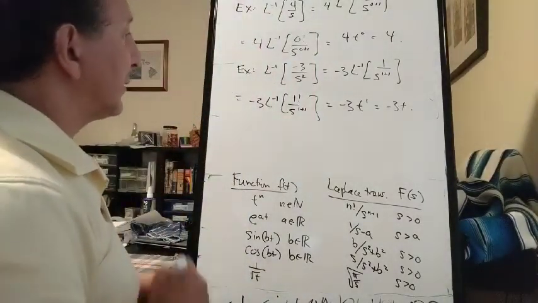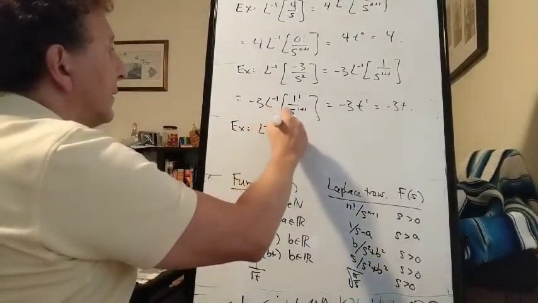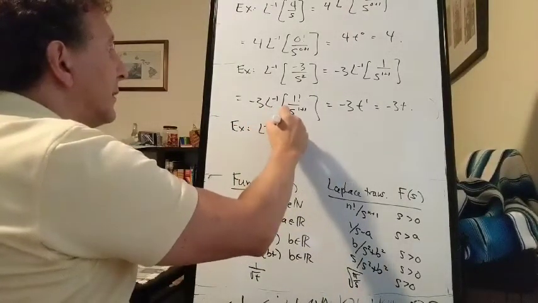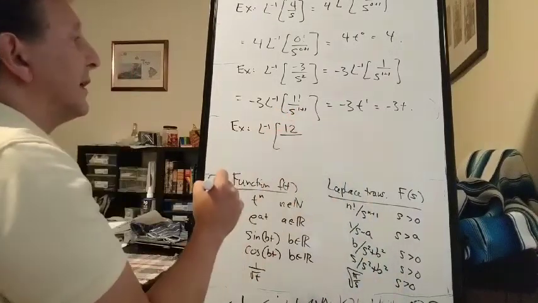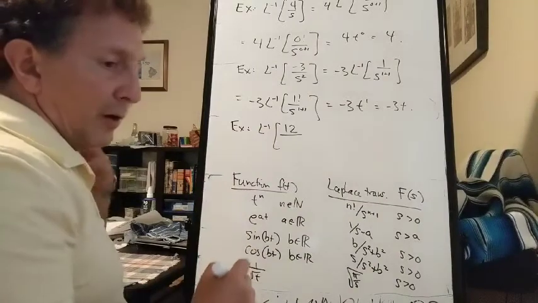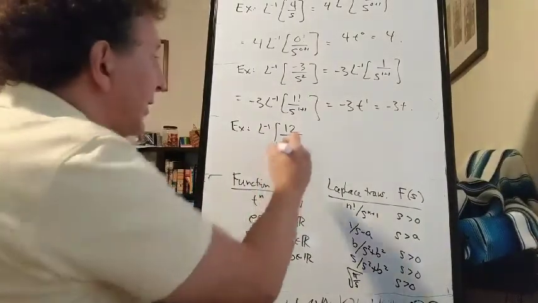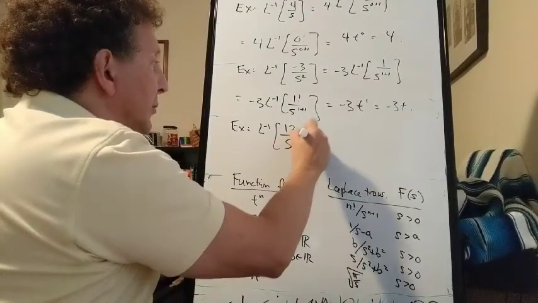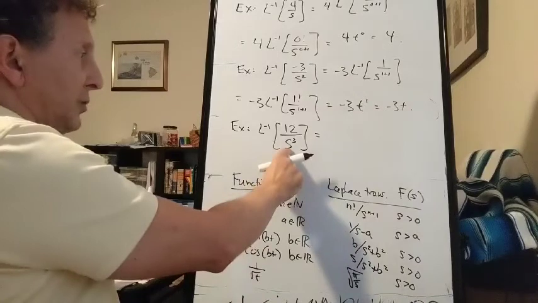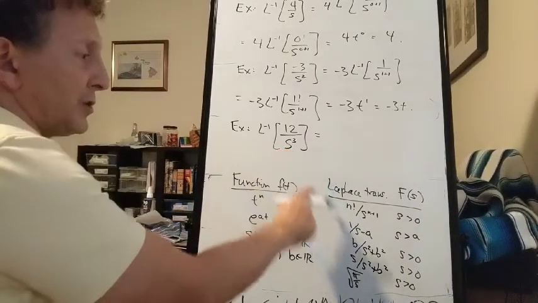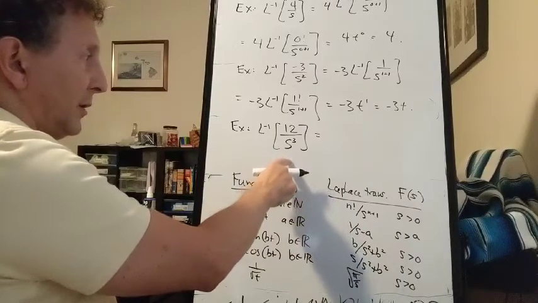All right, let's do another example. Let's take the inverse Laplace transform of 12 over s cubed. And I'll write this as 2 plus 1, and then wish I had 2 factorial in the numerator. 2 factorial is 2.